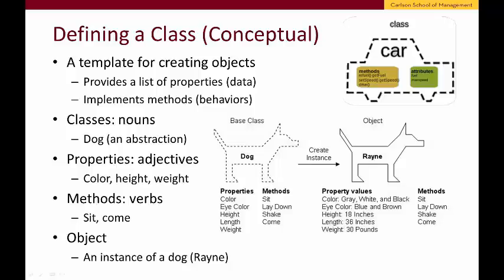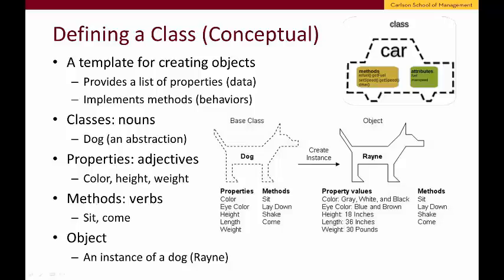For example, a car class, shown in the top right corner of the slide, would have properties such as fuel level, max speed MPH, color, num doors, style, make, type, year, etc. Some of the behaviors, methods, would be drive, turn, set speed, get fuel, etc.